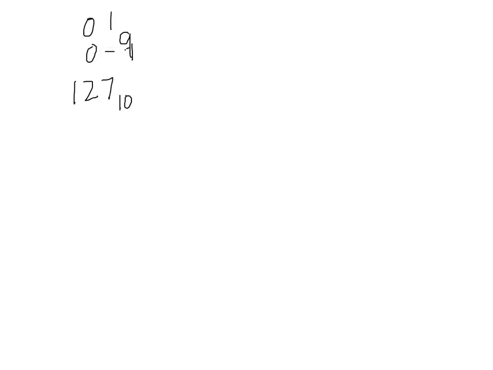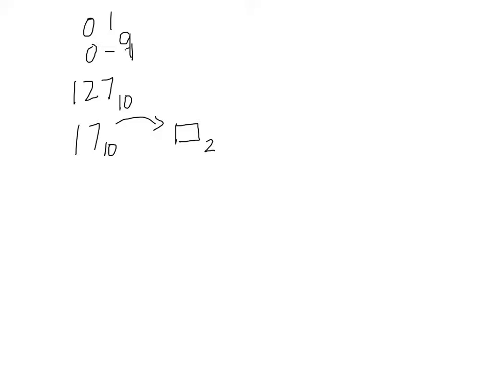Now, in binary, as I said, the base is 2. So in that base, with only digits 0 and 1, the question is, how do you represent a number like, let's say, 17 in base 10? How do you represent it as a number in binary in base 2? To do that, the process is very simple.